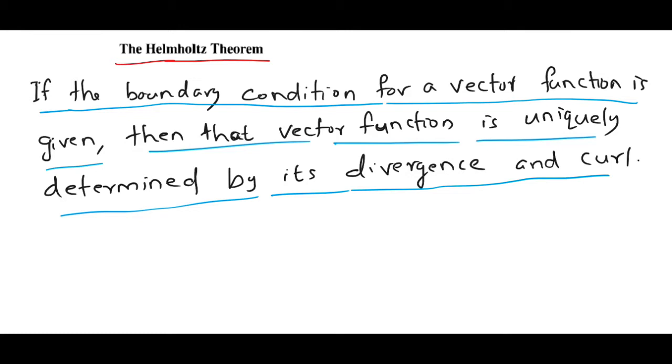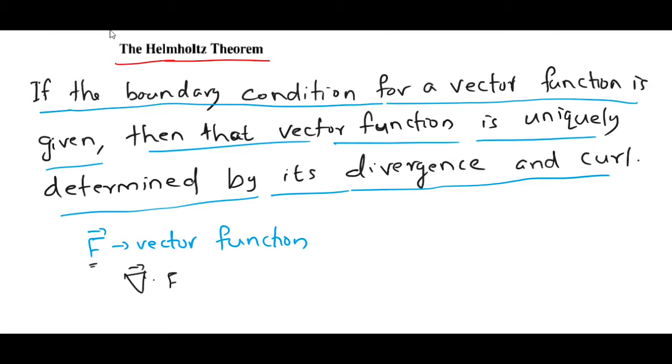Okay, let me take that F is that vector function. F is a vector function that is to be determined. We don't know the exact form of this F. This F may be the electric field or magnetic field in a particular case. Then the divergence of that F is given.